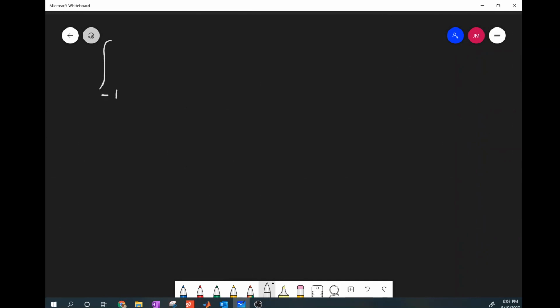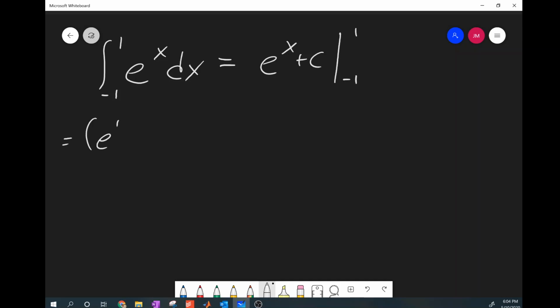Suppose I have negative 1 to 1 of e to the x dx. Well, again, our antiderivative is going to be the same. Just as before, it's still just e to the x plus c from negative 1 to 1. So when we plug that in, we get e to the 1 plus c minus e to the negative 1 plus c.